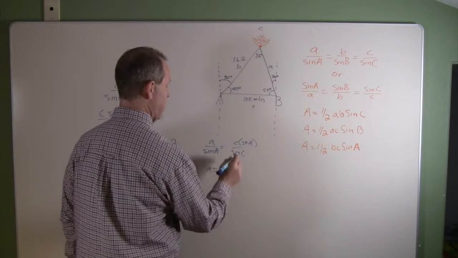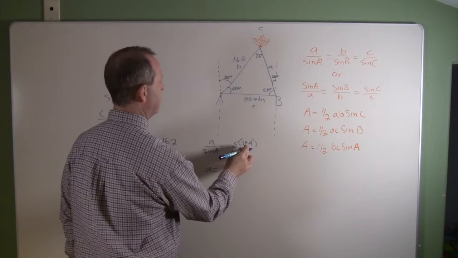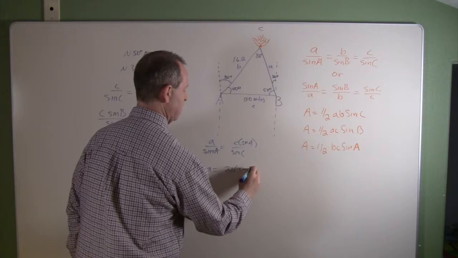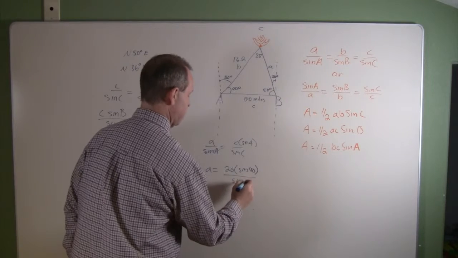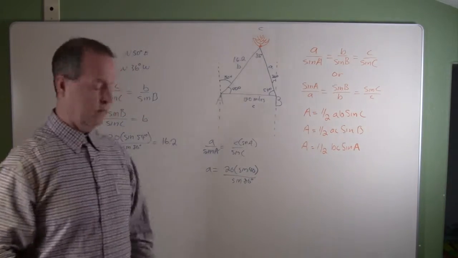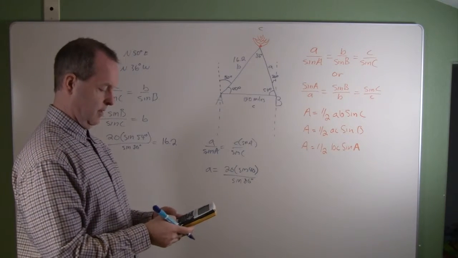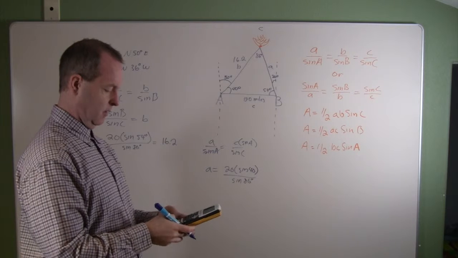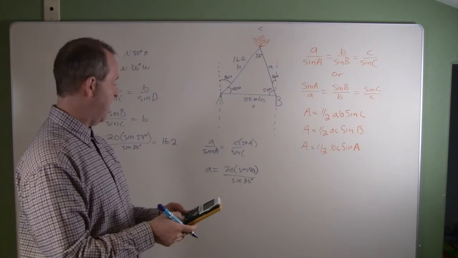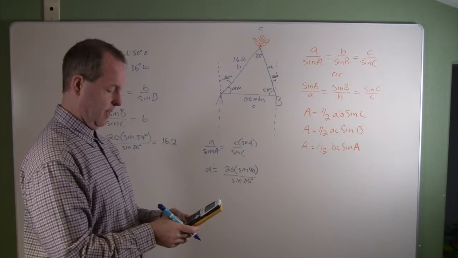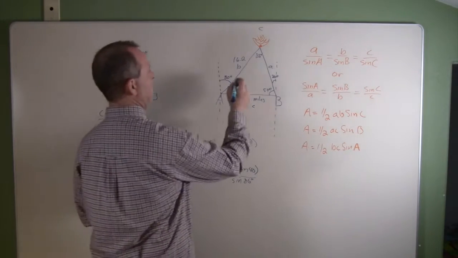So a equals c, 20 miles, times the sine of A, 40 degrees, all over sine C. That's 20 times sine 40 divided by sine 86, which is 12.9 miles.